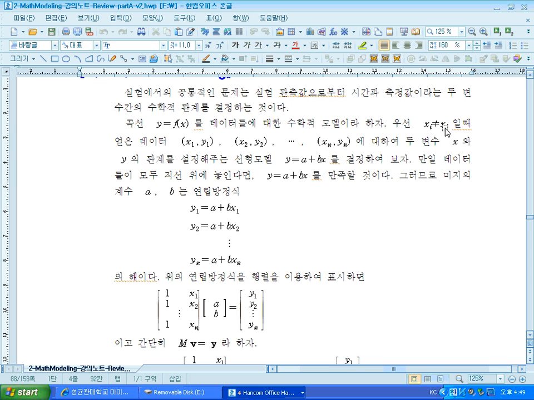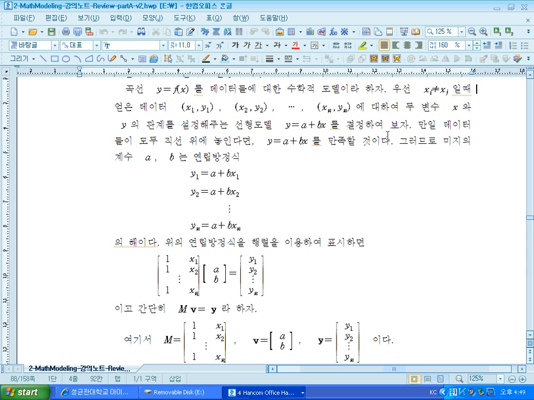First, we assume xi is not the same as xj. And then we have data x1, y1, and x2, y2, up to xn, yn. Then we may think of a linear equation, y equals a plus bx, that best fits these data.